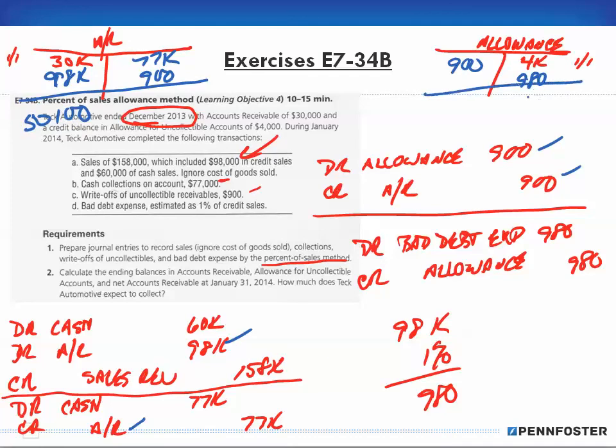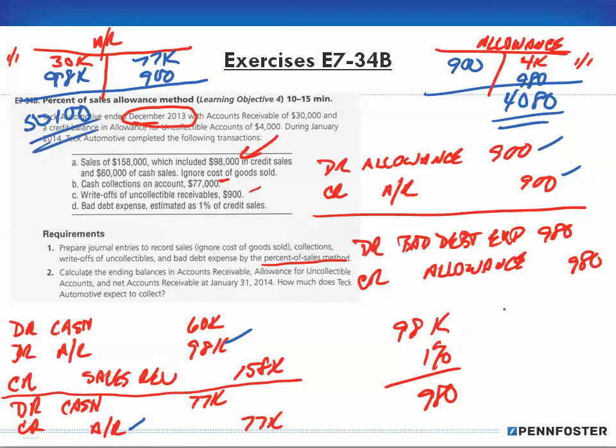And for my allowance account, I have 4,080 as my balance in my allowance account.